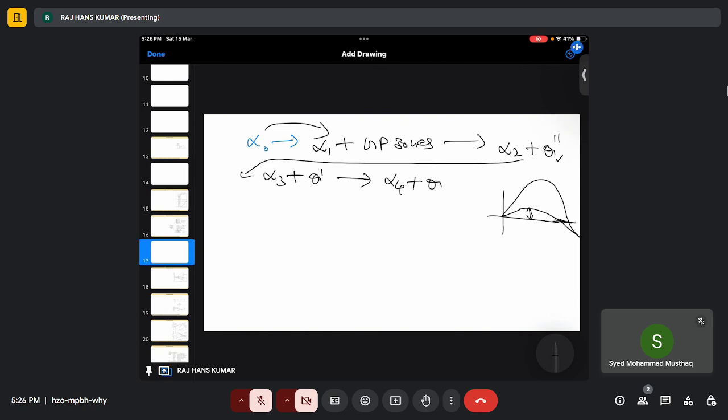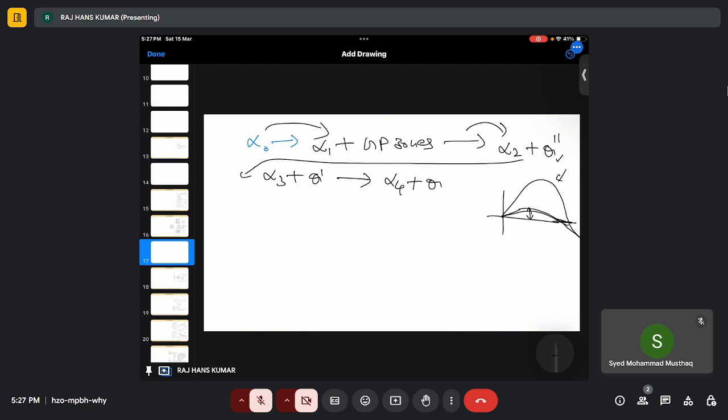For the second transformation, from GP zones to theta double prime, again it will have a similar amount. So finally they add up to the final one. That is how the system will accommodate the totally incoherent precipitate.